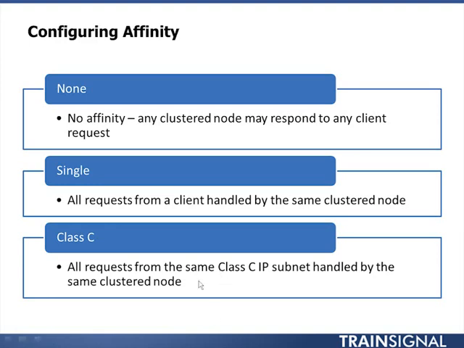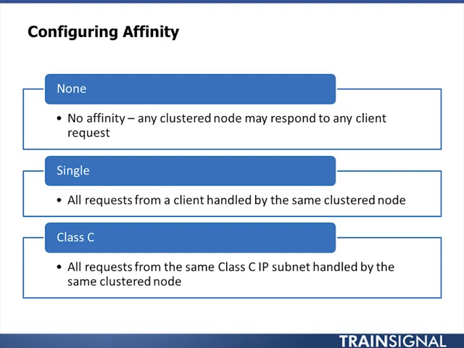A third option is Class C affinity. And the idea of Class C affinity is that we want to be able to ensure that computers that share a Class C subnet all get connected to the same server. So if I've got requests from multiple subnets, each subnet stakes out a favorite server, and traffic goes there from that subnet.